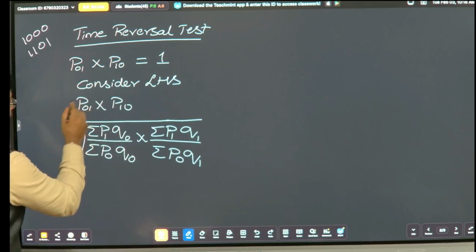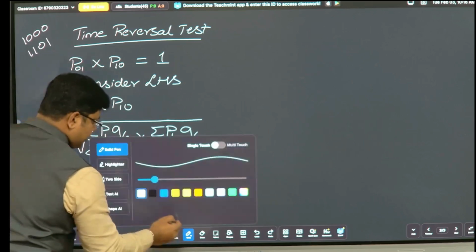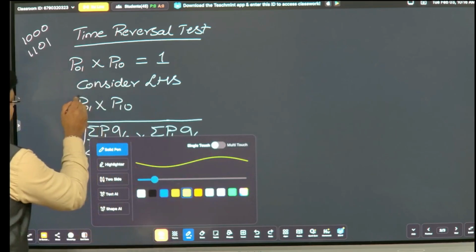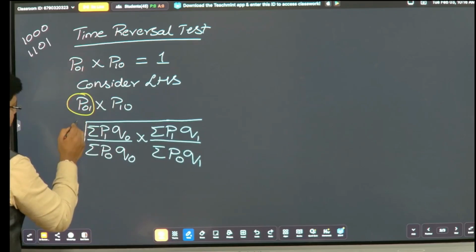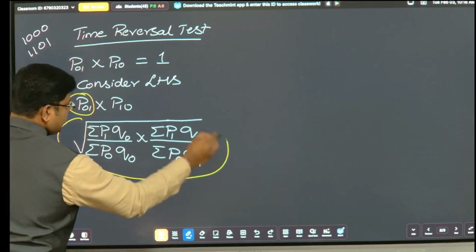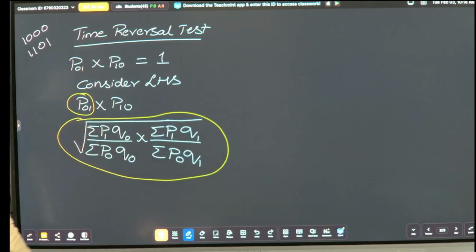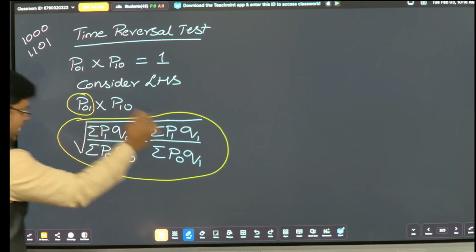This part is the P01 part. Any doubt up to this? P01 part is this. Now our job is to write down the other part, that is P10. Is it clear, everyone? Shall I go ahead?